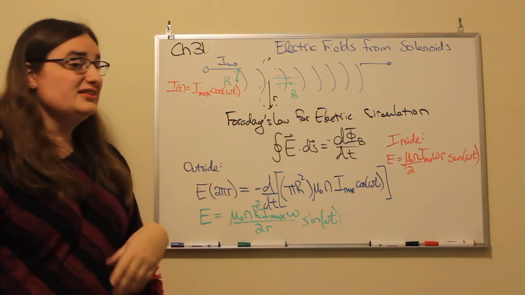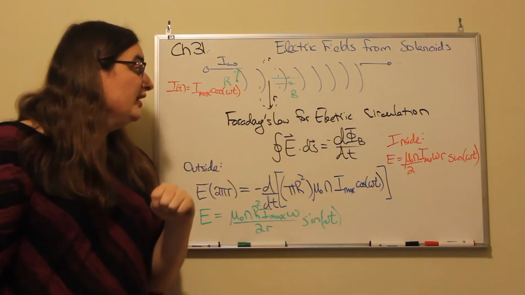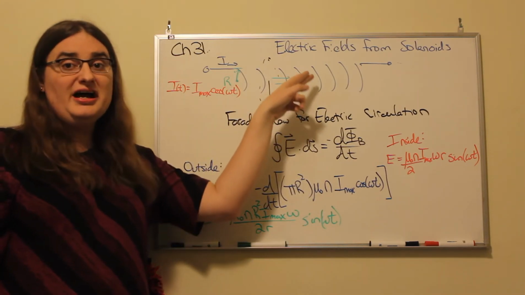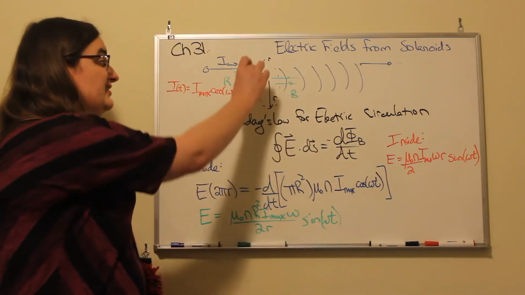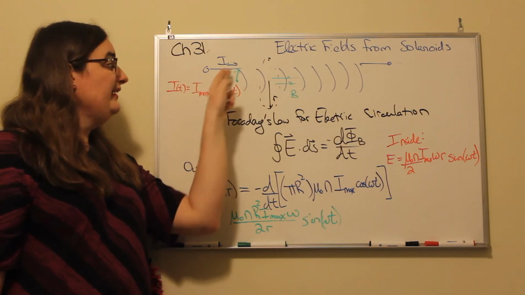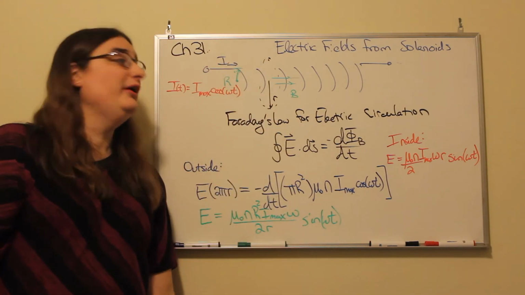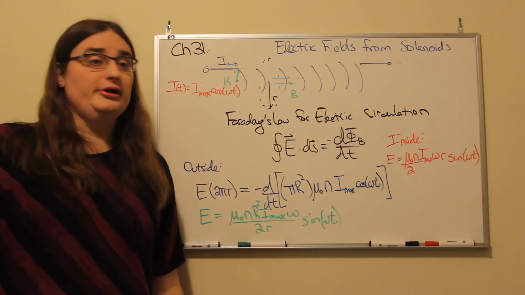Well, inside a solenoid, the magnetic field is uniform. So that flux would just be the magnetic field times the area where that magnetic field exists. And we said inside the solenoid it's everywhere, so that area would be pi times the radius of the solenoid squared. Outside, we said the magnetic field is practically zero.